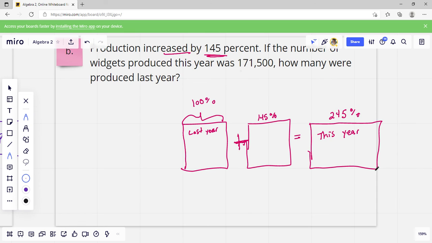Okay, so where does this number go? It says if the number of widgets produced was this many, how many were produced last year? Okay, so this is 171,500. That means this is what we're looking for, how many were produced last year.